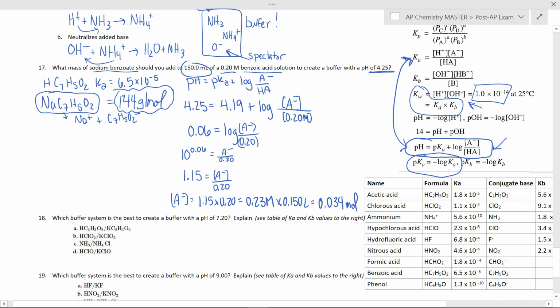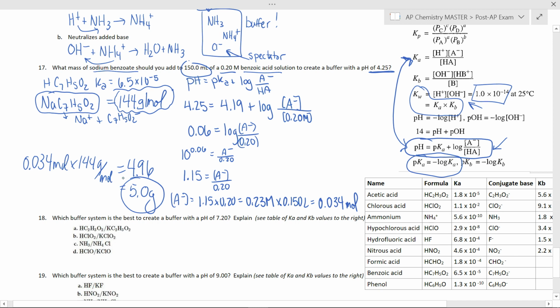So that's our molar mass. And so to figure out how many grams, it's 0.034 moles of sodium benzoate, and it's 144 grams per mole. So I'm going to multiply that by 144. And it looks like I need 4.96. So if I round to 2 sig figs, I guess that's 5.0 grams.